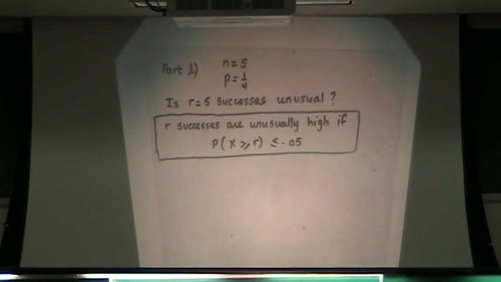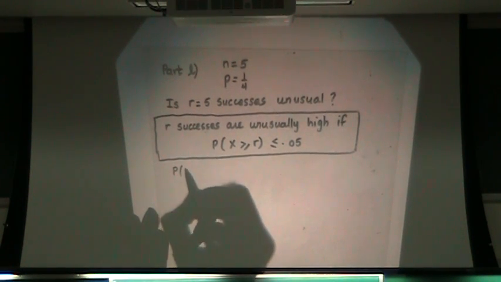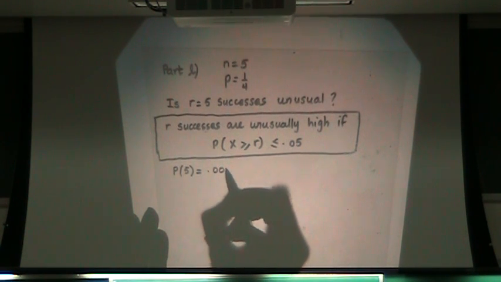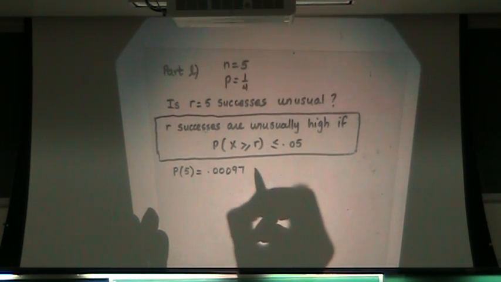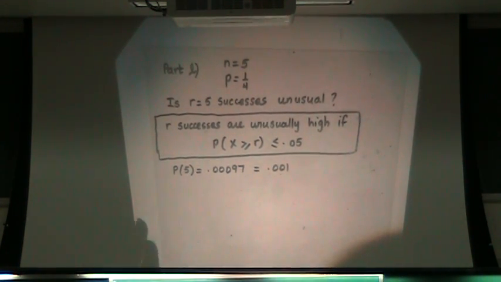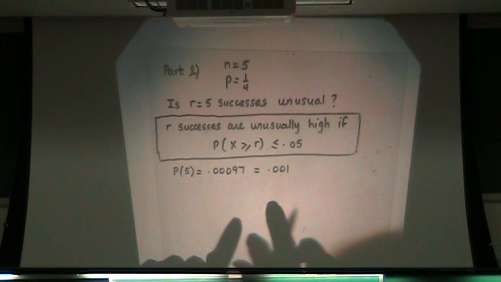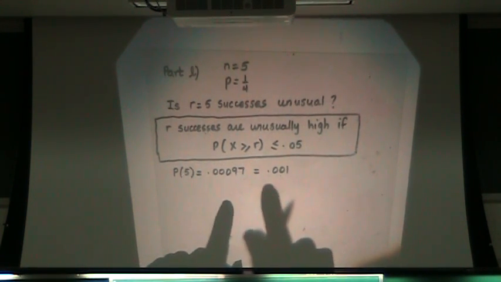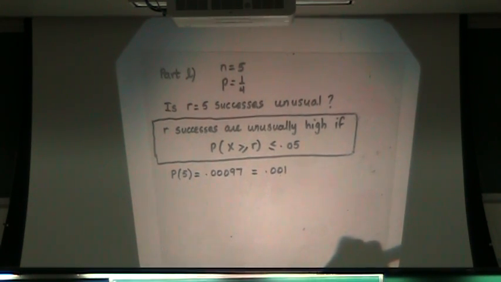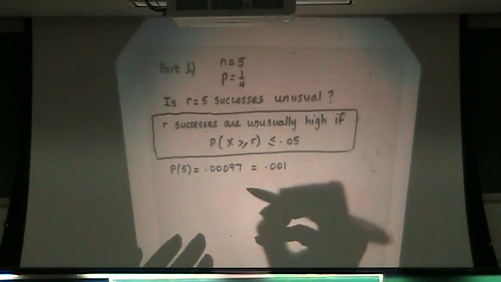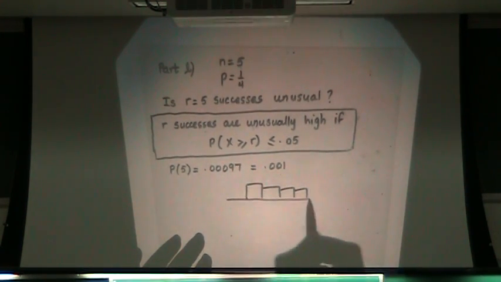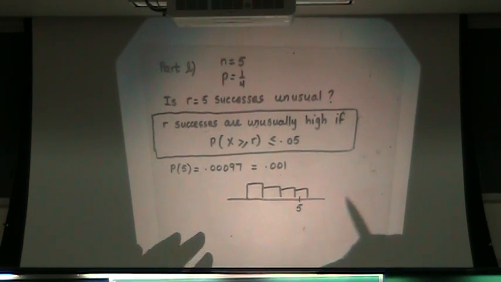So we had found that the probability of 5 was 0.00097, which we said, let's just call that 0.001, something like that. Is that right? Can you check that number, please? Is that correct? So we have some binomial distribution, and we want to see if 5 is considered unusual.